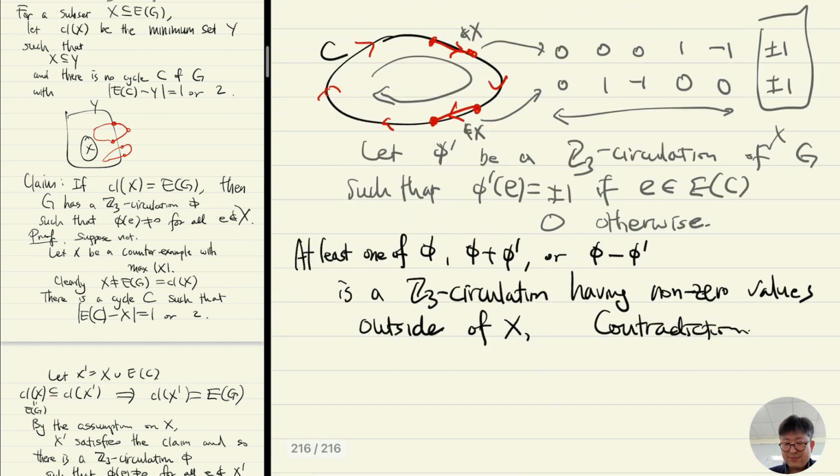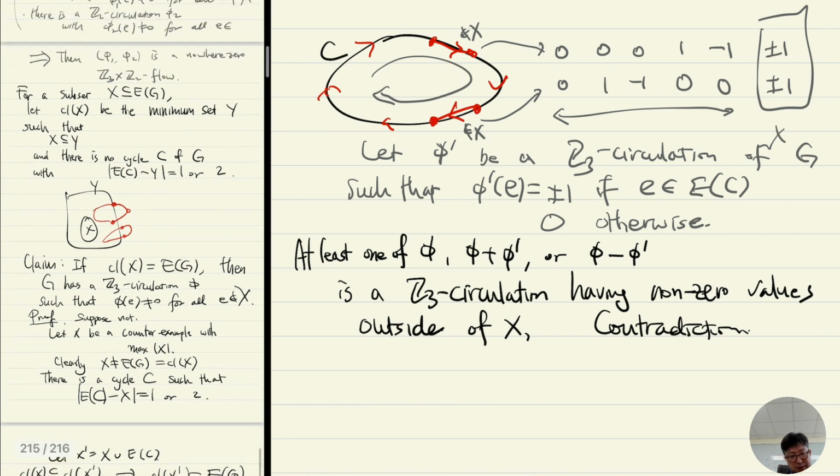Okay, so that's the proof of the claim. So we claim that if the closure is everything, then you have circulations where outside of X you have non-zero values, and that's true.